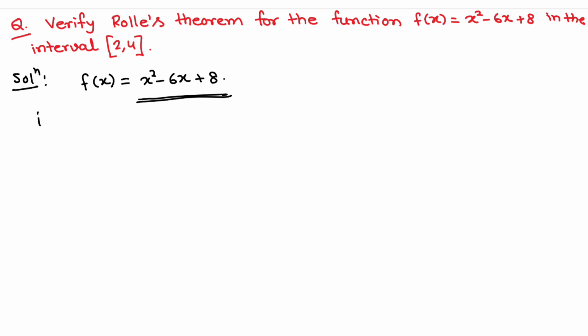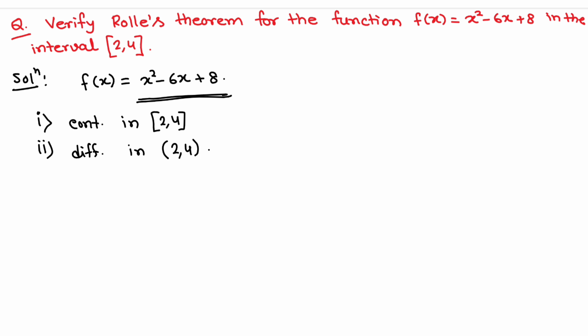So the first two conditions are satisfied. Just write the statement that since this is a polynomial and we know that a polynomial is everywhere continuous and everywhere differentiable, f of x is continuous in the closed interval 2, 4 and f of x is differentiable in the open interval 2, 4. Yes or no?